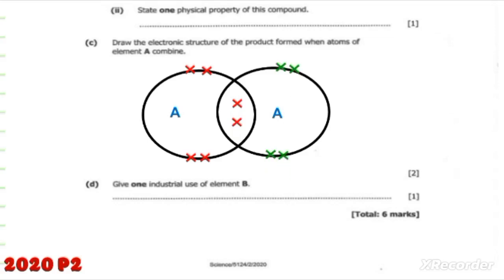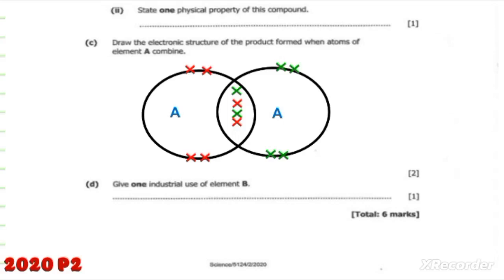It has 6 electrons in the outermost shell, and it needs to gain 2 electrons for it to be stable. So instead of gaining these 2 electrons, it will share these 2 electrons. So this is an electronic structure of the product formed when atoms of element A combine.